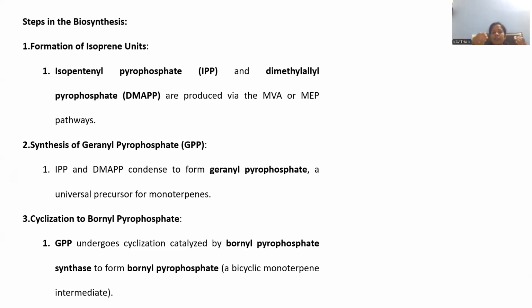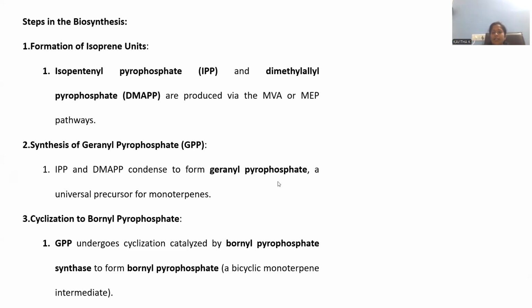Condensation is when two chemical components are added and small molecules like water or carbon dioxide are removed, and both are able to condense. So IPP and DMAPP condense to form geranyl pyrophosphate. This is the important key intermediate here. Geranyl pyrophosphate will be generated.